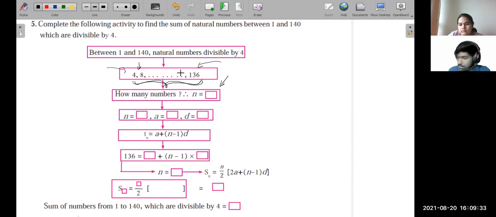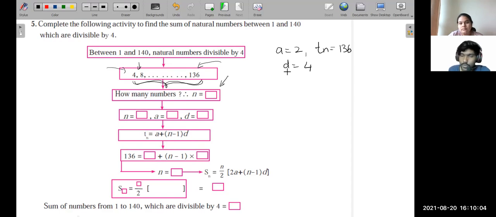Are you understanding? A is 2. Tn, that is the last term, is 136. Common difference is 4, since it is divisible by 4.